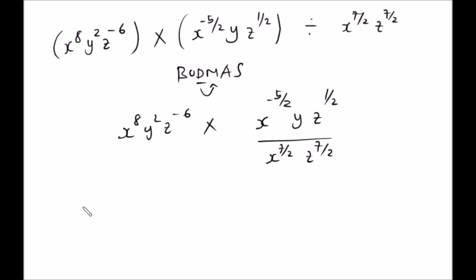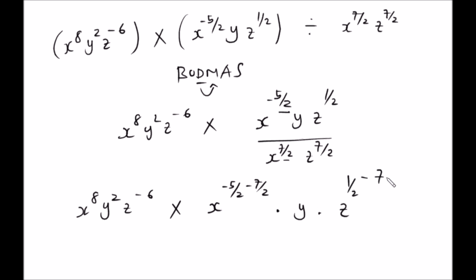Kwa hiyo hii kumbe itakuwa ni x power 8 y squared times z power negative 6 times, so we have x, so negative 5 over 2 minus 7 over 2. Tunaona hapa kuna x power negative 5 over 2, hapa kuna x power 7 over 2 times y chini hakuna, kwa hiyo iache, times z kwa hiyo ni 1 over 2 minus 7 over 2.